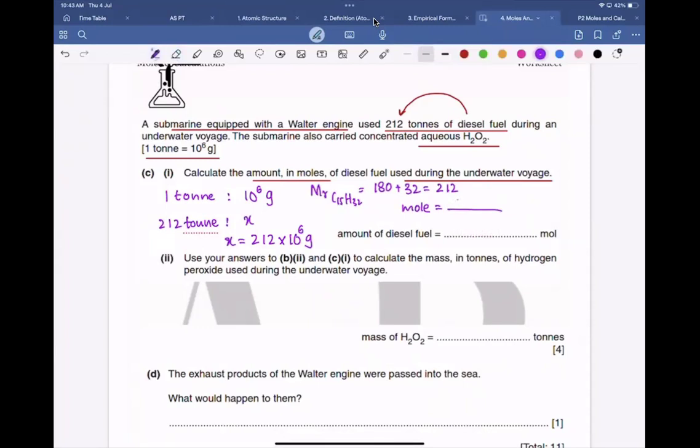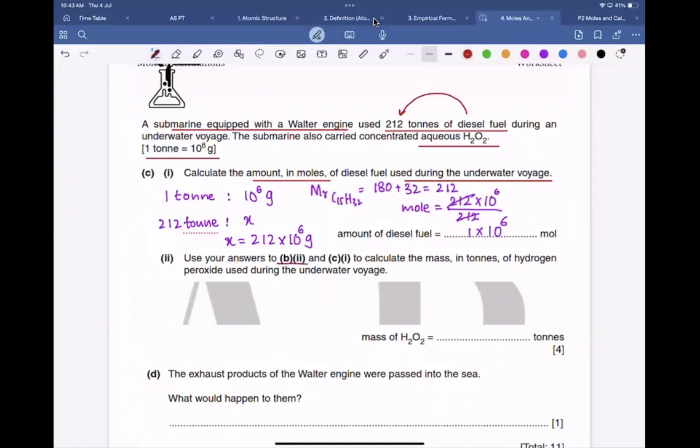It is 1 over 212 exponent 6, not minus 6, because this is mass and this is MR. I put the wrong values initially. So 1 exponent 6 moles. Is this clear?